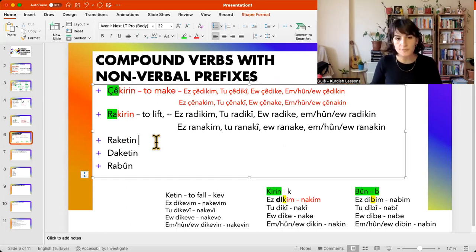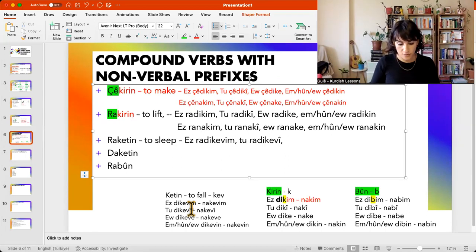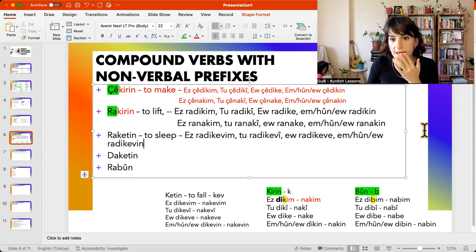So ra ketin. Ra is again the same prefix, and ketin is to fall. Ra ketin is to sleep. Okay. So we will conjugate as ra, the prefix, dikevim here. Radikevim, and we write them together. Radikevim, tu radikevi, ev radikeve, em hun ev radikevin.